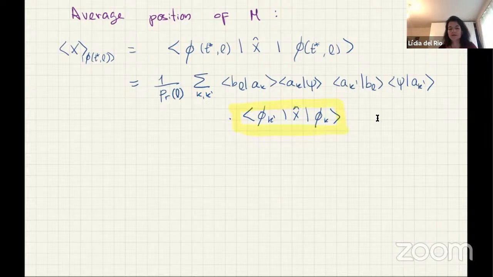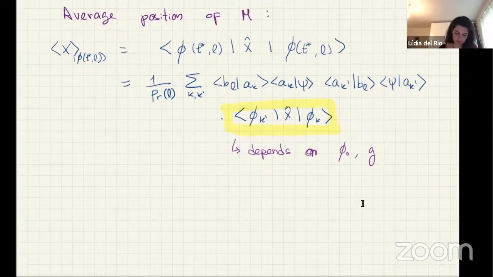And this now depends on the strength of the measurement. Okay, so now this depends essentially on phi 0 and on this constant G, which was the coupling strength and the time of the measurement together, right? So let's look at two cases. First, we look at the case of the strong measurement. So I'll put it in a new slide.